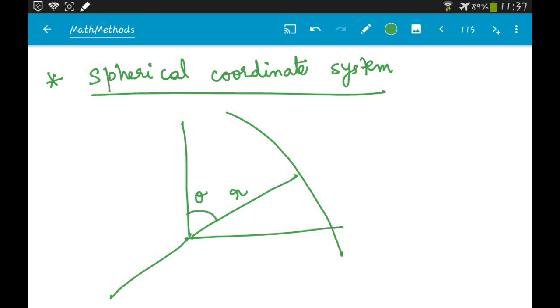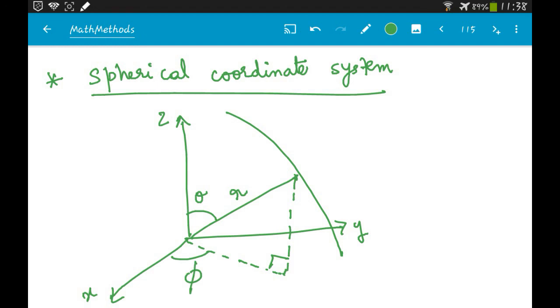This makes an angle theta with the z axis. So this is your z, y and x. This is your angle theta. Sorry, this is 90 degrees. It makes an angle phi with the x-axis.